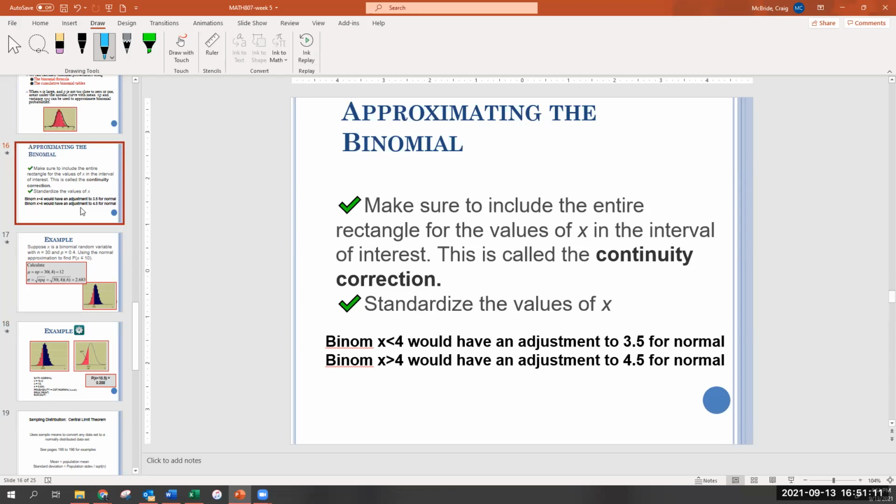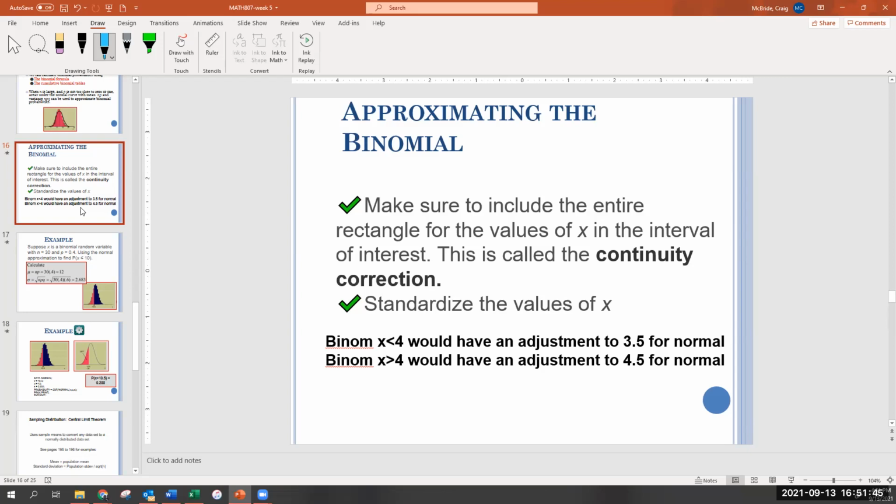It just means you always have to go up by a half or down by a half, depending on the bars you're trying to get. If you want to be greater than 4, you don't want to include 4; you only want 5 and above. But the bar for 5 is centered on 5, so the left-hand edge of 5 is down at 4.5. That's why you would do 4.5. However, if you want to be less than 4, you only want the bar that represents 3 and below.